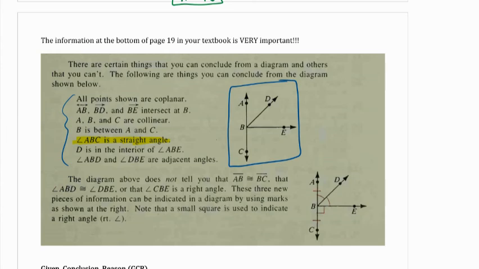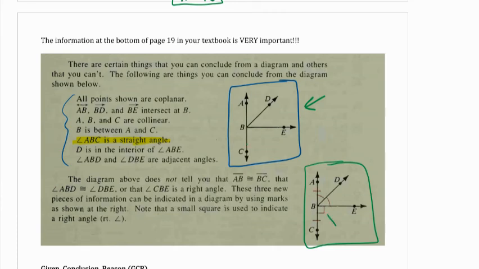Okay. The next part is actually even more useful down here because this tells you what you're not allowed to assume. So in this picture, I will get all kinds of people that tell me, oh, look at this angle right here, that's a right angle. You are not allowed to assume right angles, okay?